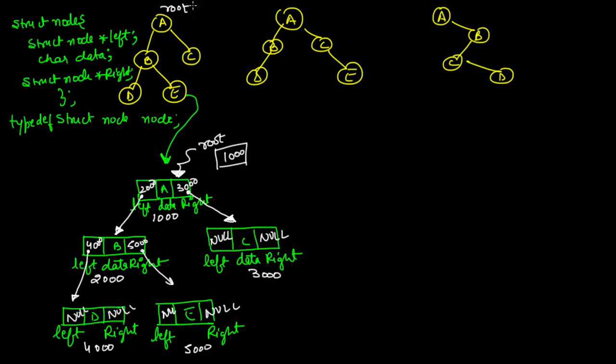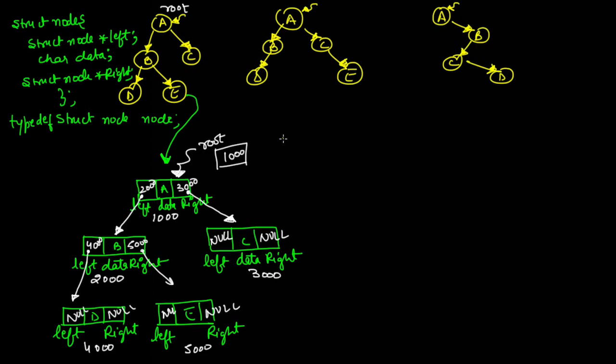Now in most of the diagrams I draw a binary tree like this, but I should draw the directions also. The directions are important, but whenever I am not drawing the directions, please assume the directions are like this. These directions show which node is pointing to which node, and in all these cases there will be a pointer root which will be pointing to the root node.